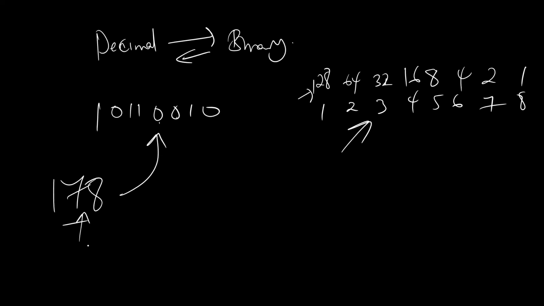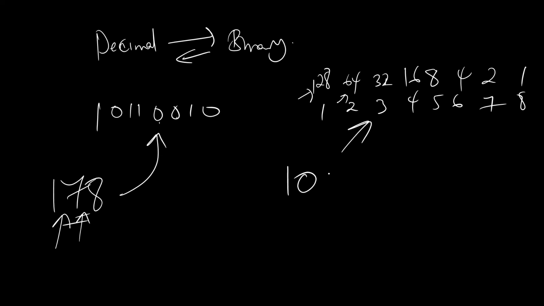If it's not, it means definitely we start with a 1. 128 plus something. So you add up until you get 178. So if I get 128 and I add the next number, 128 plus 64, I get 192. 192 is bigger than this one. It means I have to put a 0.